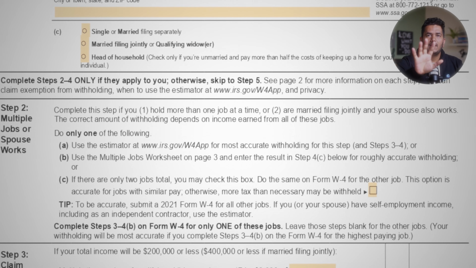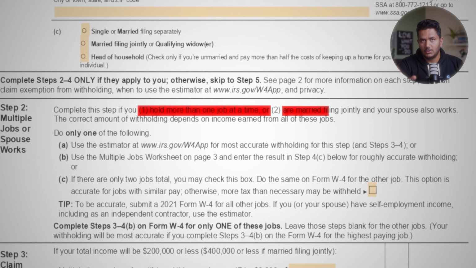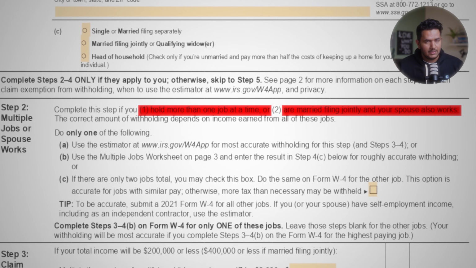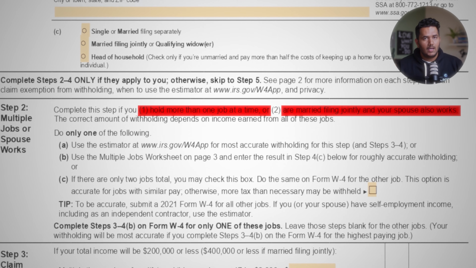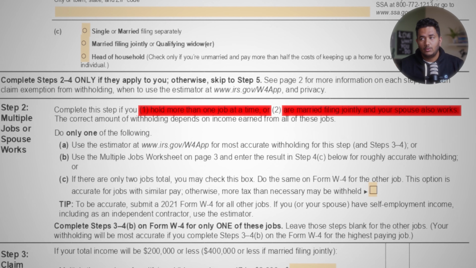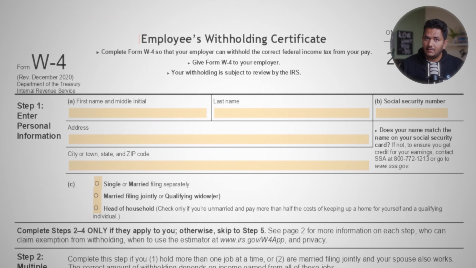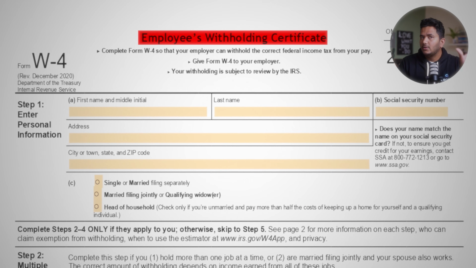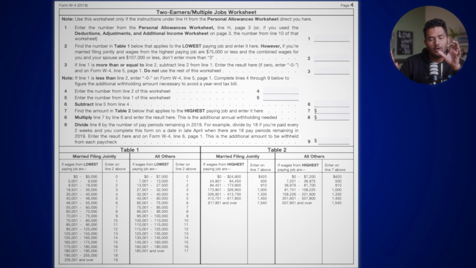Step number 2 is where you have to fill out if you have multiple jobs, or if your spouse is working. If that is the situation, if you have multiple jobs, then you probably have filled out that form there as well, or you will have to fill out that form. So you want to calculate how much you want withheld from each company.